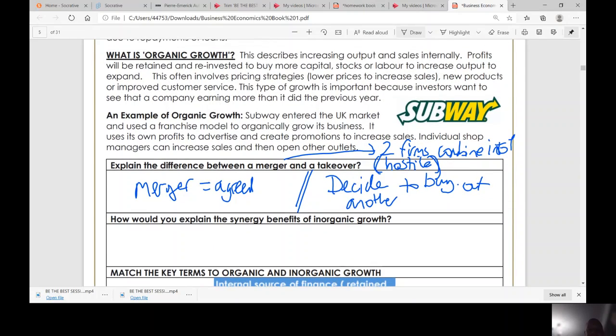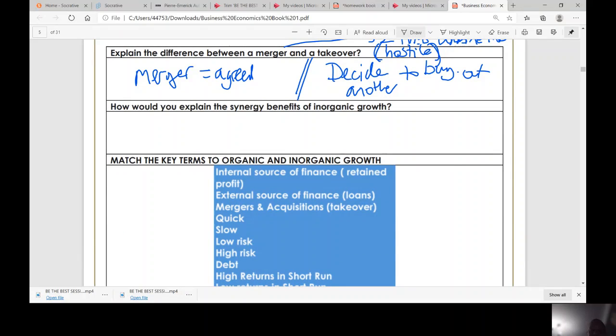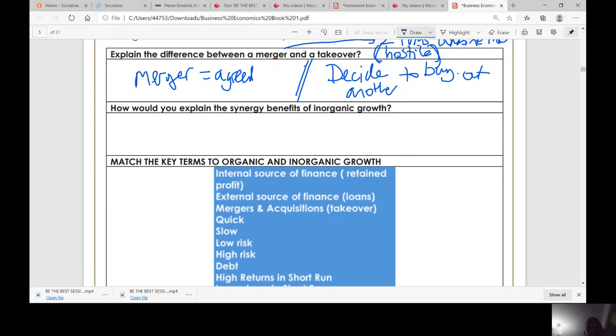The synergy benefits of inorganic growth are to do with the businesses combining and achieving economies of scale. So you don't necessarily need all of the departments, so you can get rid of possibly Cadbury's advertising department, and you just need one department for the two firms.